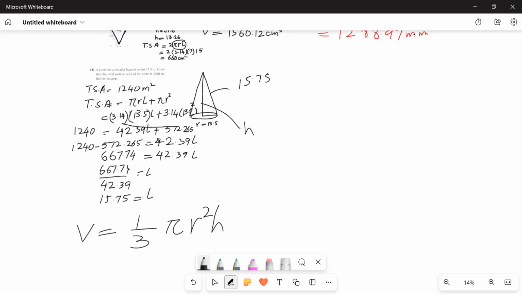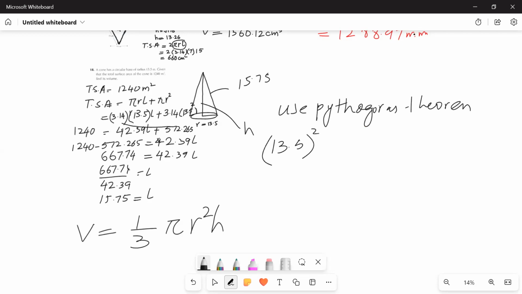So H, by using the Pythagoras theorem, we will find. 13.5 square plus h square is equal to 15.75 square.